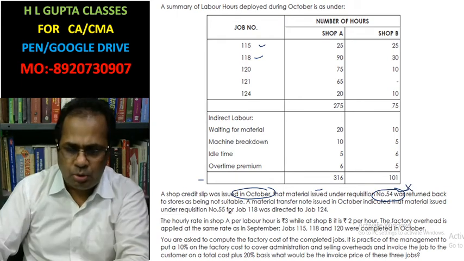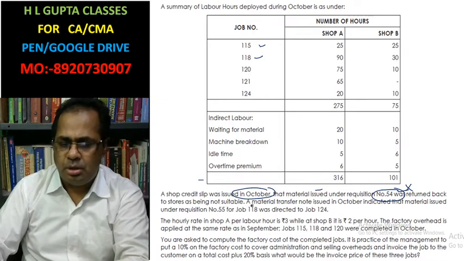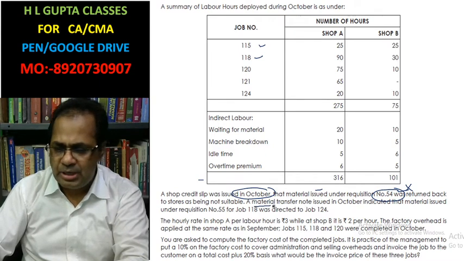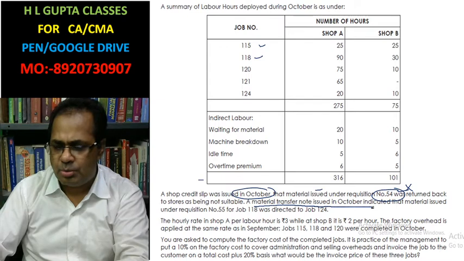Okay, now at the stores, a material being not suitable, a material transfer note was issued in October.